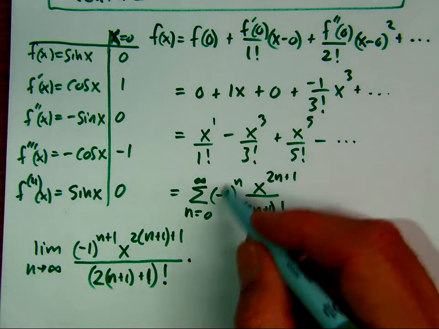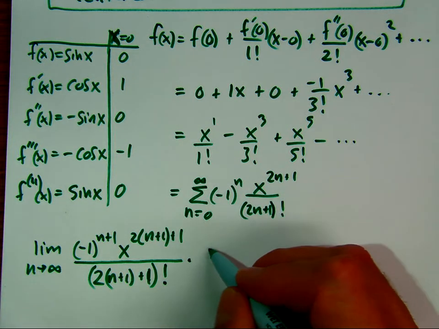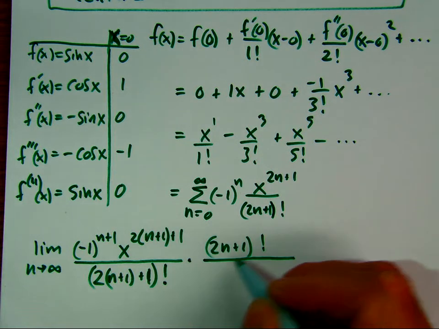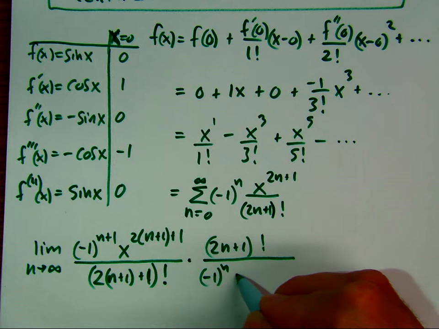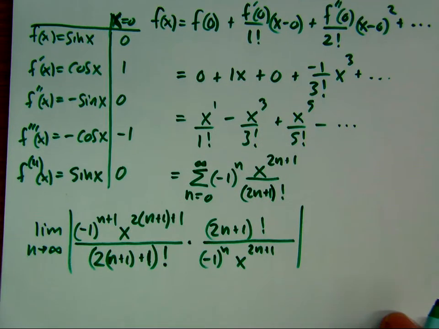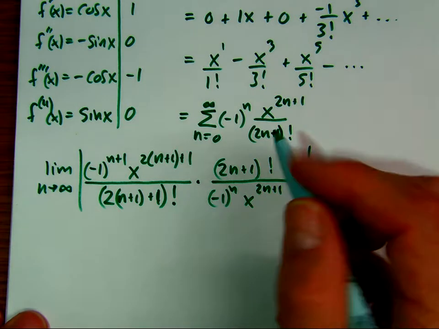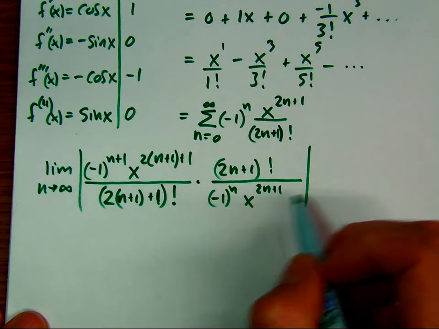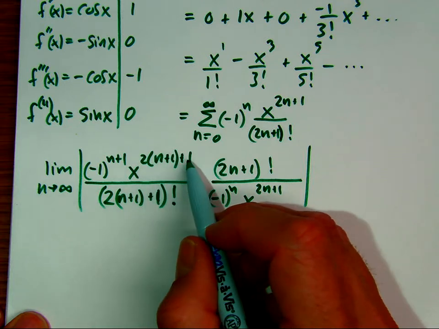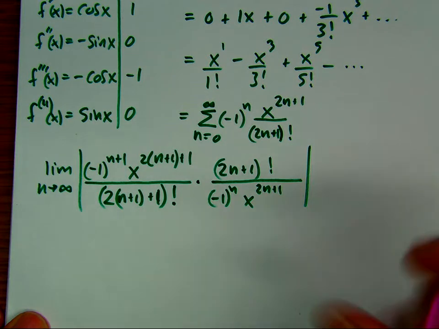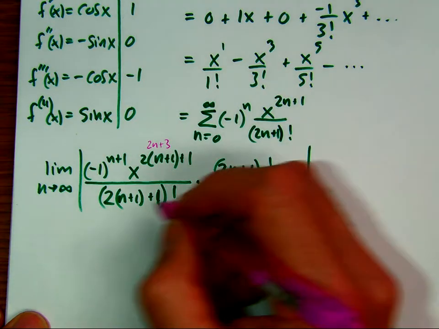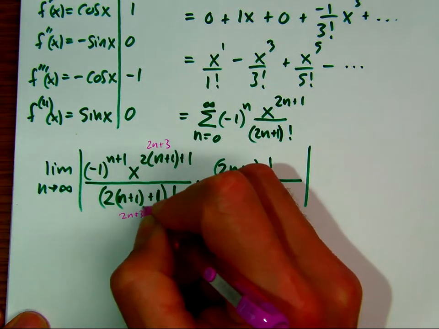Then we're going to divide by this, or multiply by its reciprocal, so I'll put that on in the numerator. We don't need to write the negative because of absolute value. This is going to be 2n plus 2 plus 1, that's 2n plus 3. 2n plus 3 there. And down here we have a 2n plus 3 factorial.